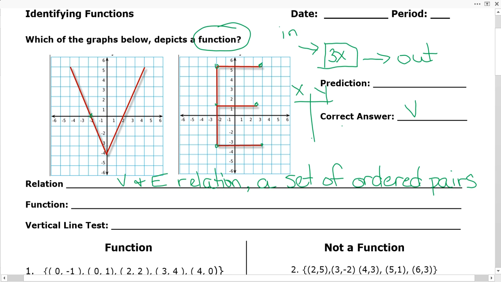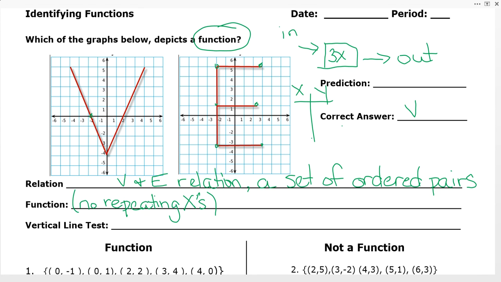The way you tell if it's a function, here's the cheater way you think of a function: it has no repeating x's. And that works for us. But when you get to algebra 2, you're going to have to think about it a little bit more specifically than that. What a function is, think about the 3x we put in before.